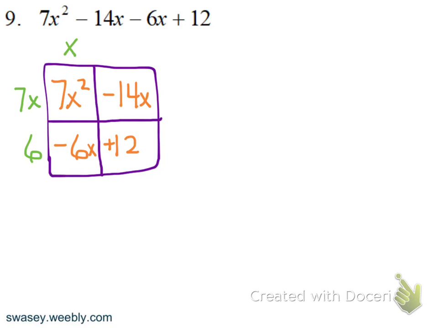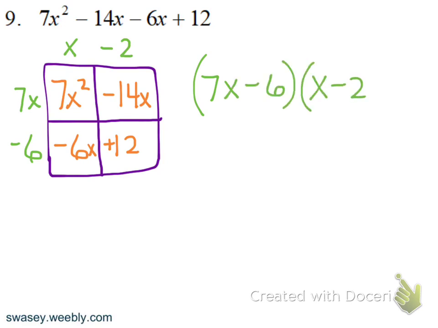Let's see if it works for the bottom row. x times 6 is 6x, not negative 6x. So let's change this to a negative 6 on the bottom. Negative 14x divided by 7x is negative 2. Check to see if it works on the bottom. Negative 2 times negative 6 is positive 12. So we have our two factors, 7x minus 6 and x minus 2.